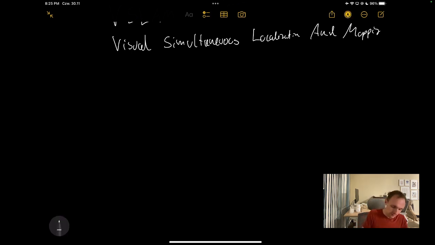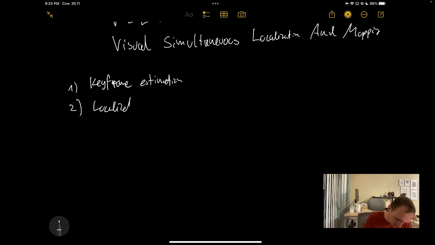And how it will work is as follows. We'll do just 2 steps, 1 and 2. That's going to be keyframe estimation, and then the second step is localization with respect to keyframe.